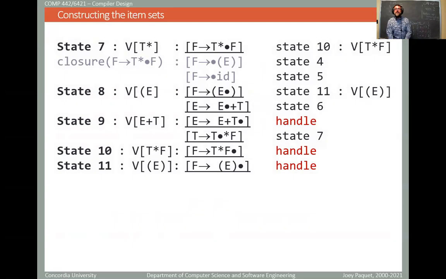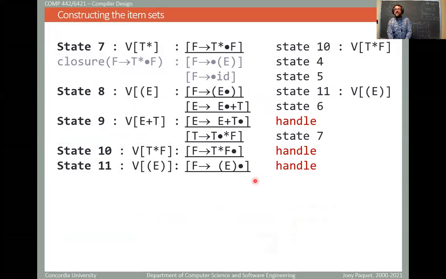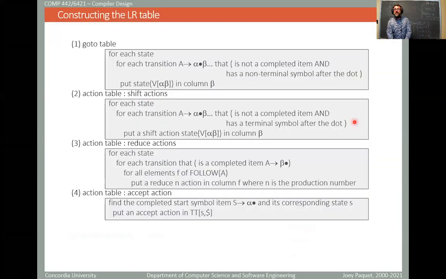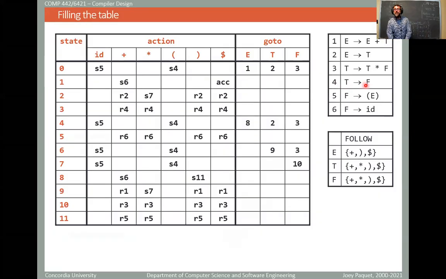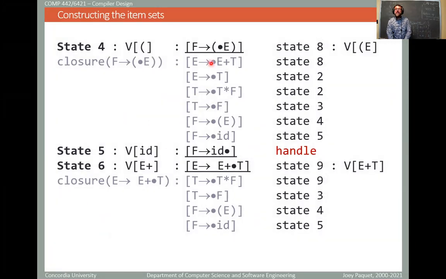And I'm continuing down the list of my states. Here, T gives F dot. So state 3, and under follow of T, which is plus, times, close parenthesis, $ sign, reduce T gives F. T gives F is my rule number 4. So in state 3, under plus, $ sign, close parenthesis, $ sign, reduce 4. Then I go to my state number 4.